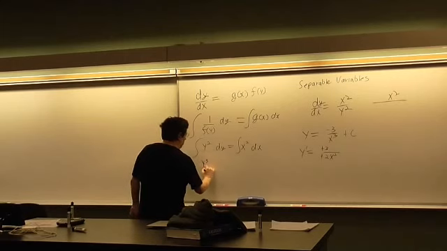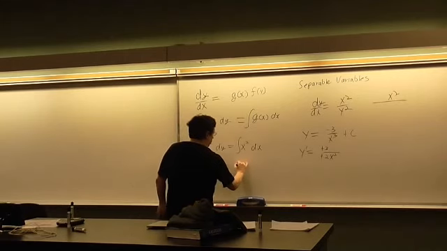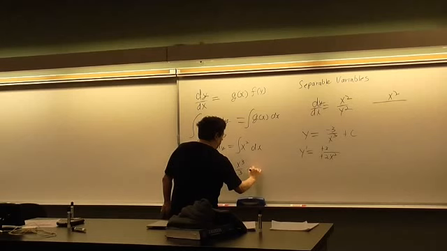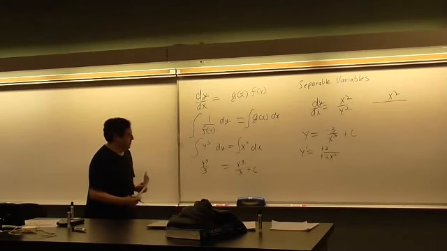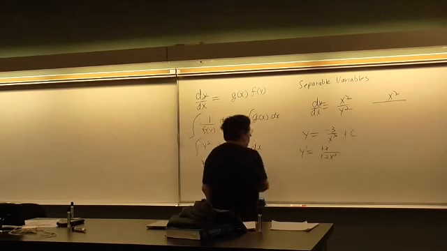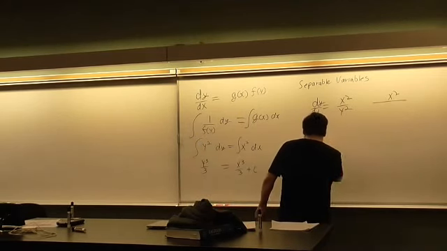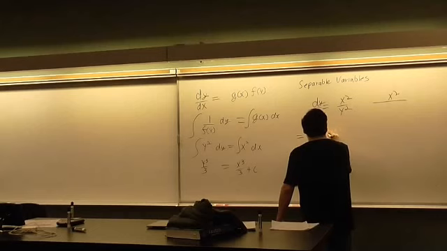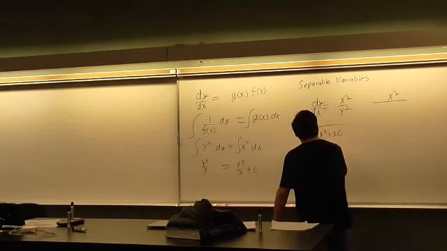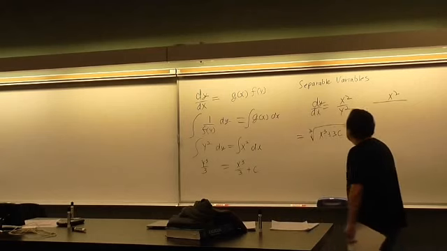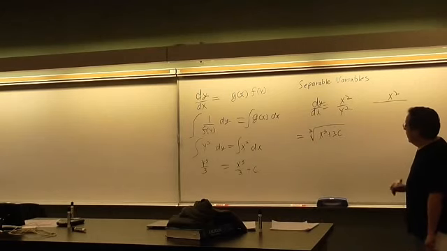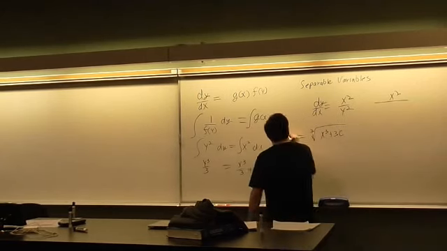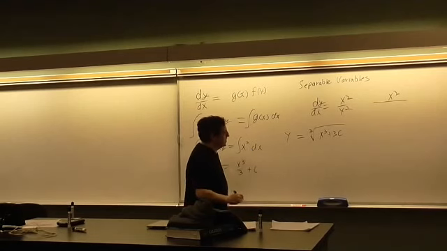This is y cubed over 3. This is x cubed over 3 plus some constant. Right? So y must equal x cubed plus 3c with the cube root of it. Okay, that looks a little better. Now let's see if that works out right.